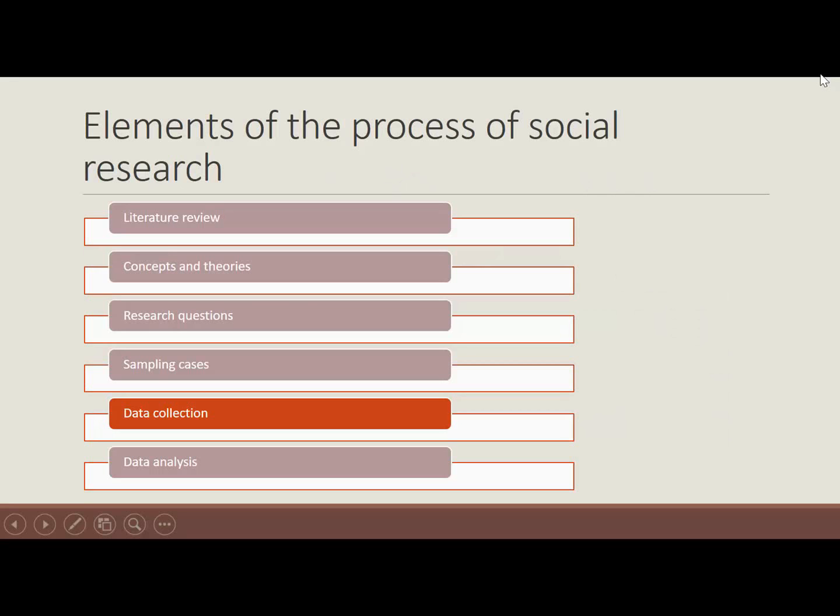So let's quickly look at where we can position ourselves within the process of social research. Data collection is usually quite late in the process. It takes place, obviously, just before data analysis. And most textbooks, most authors, and most supervisors would tell you that it's quite important that you first do a literature review, at least a preliminary one, that you first develop your research questions, and clearly sampling also has to occur before data collection.